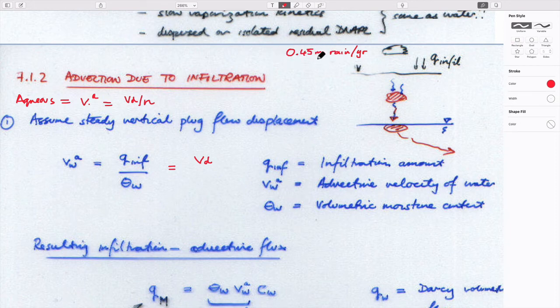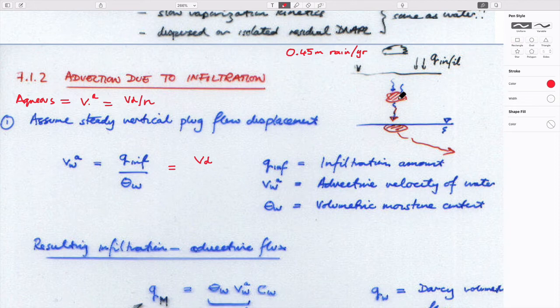It's 0.45 meters of water per year spread out over a square meter. And so if you multiply this by a square meter, it would give you a volumetric flux, which would be 0.45 cubic meters of water per year per square meter.